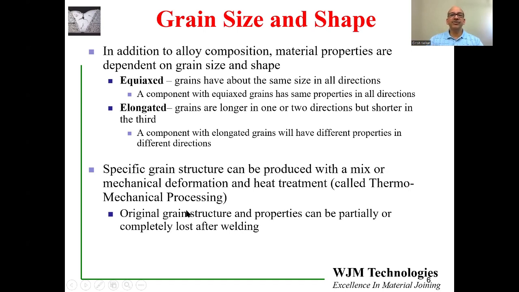The challenge when it comes to welding is the original grain structure, which you get when you buy these materials from a supplier. And then when you weld it, it is quite possible that the structure is completely lost in the weld. And now within the weld zone, you have a completely different structure with different properties. And that's what makes welding so challenging.